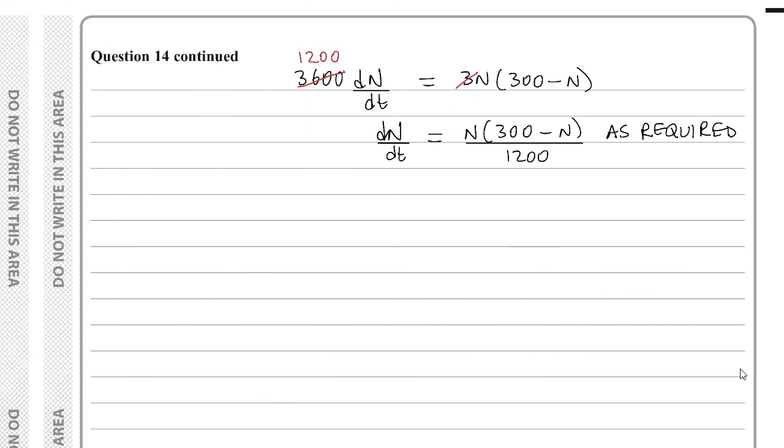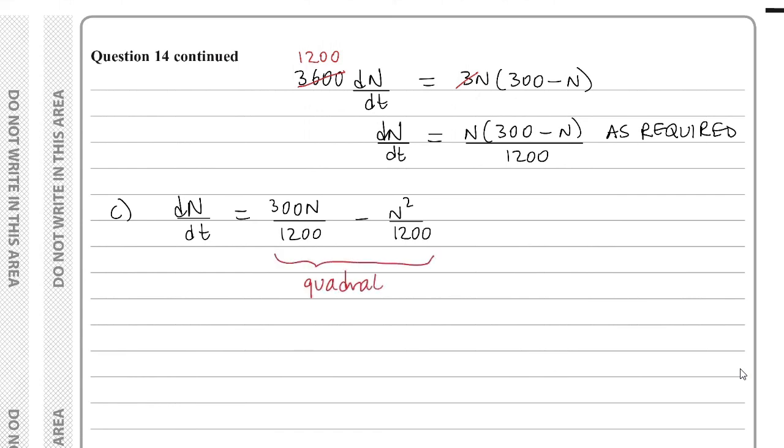I will just consider what is dn/dt if I expand it. So dn/dt is 300n over 1200 minus n squared over 1200, and this is actually a quadratic which is symmetric about minus b over 2a.